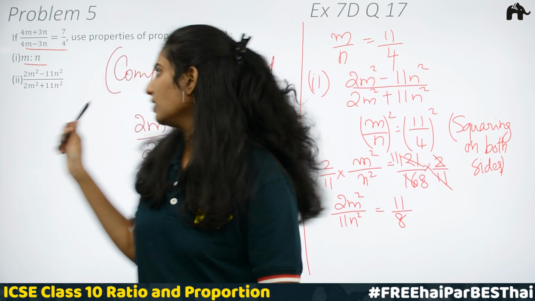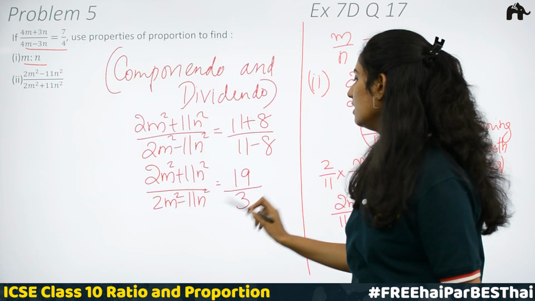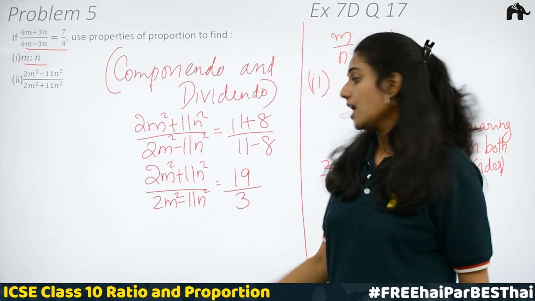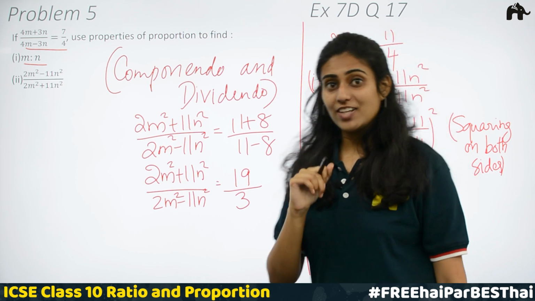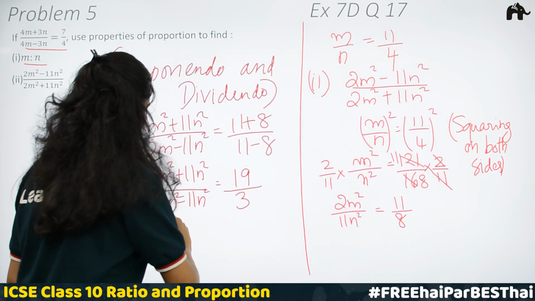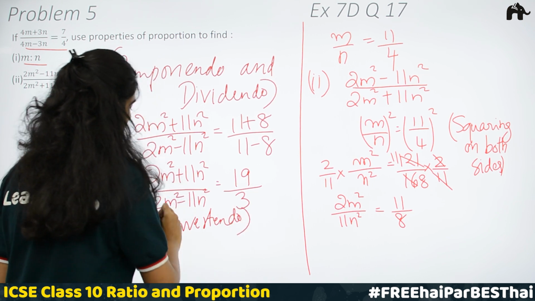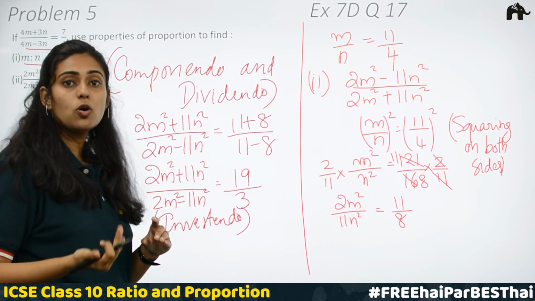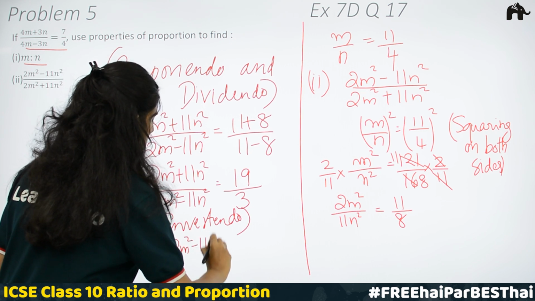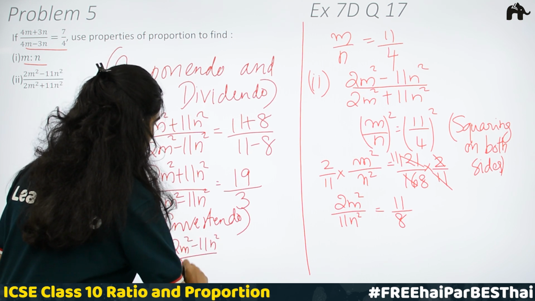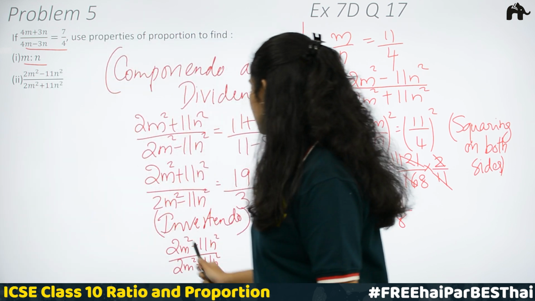Now just check the question. It is 2m square minus 11n square in the numerator. Here we have got denominator as 2m square minus 11n square. What to do now? We have another property, invertendo property. So taking the invertendo property, what happens? Just take reciprocal on both sides. That is (2m square minus 11n square) divided by (2m square plus 11n square). Now the question and this are the same.